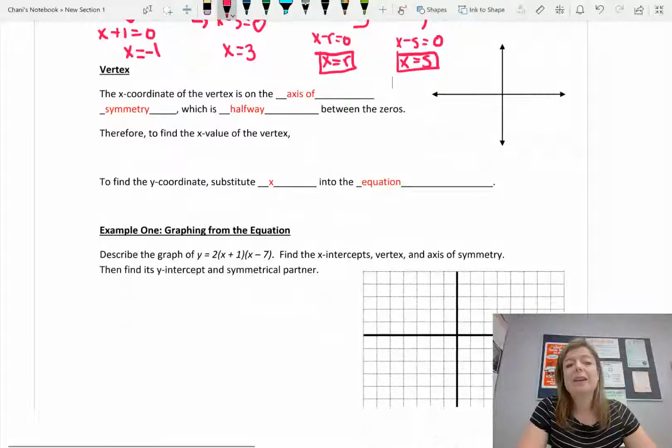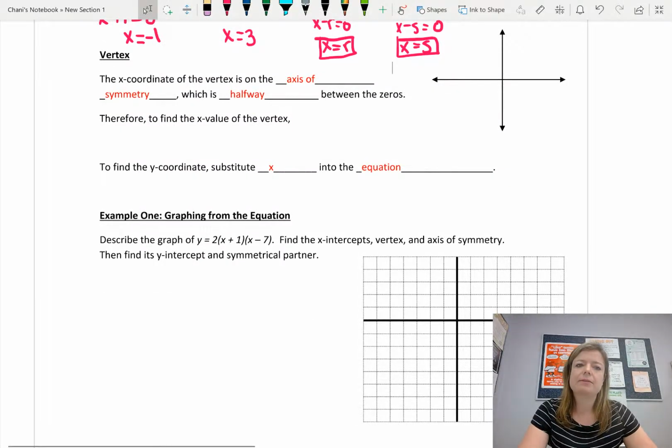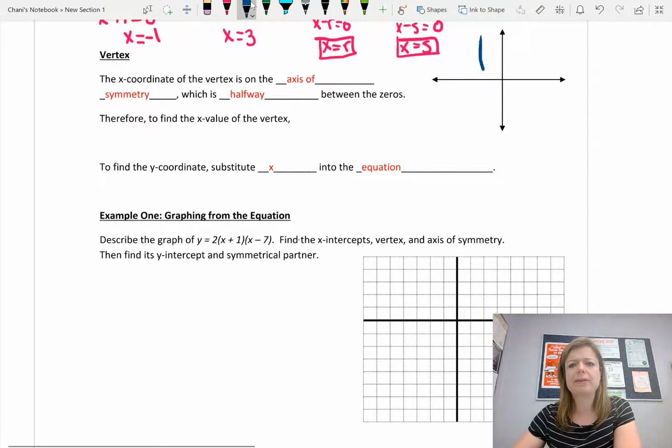Now, we can also use this to find the vertex. The vertex, remember, is on the axis of symmetry, and the axis of symmetry is just halfway between the zeros. So if we have, again, our parabola, let's just call this any r, and let's call this any s. So this is the coordinate s, 0, and this is the coordinate r, 0.